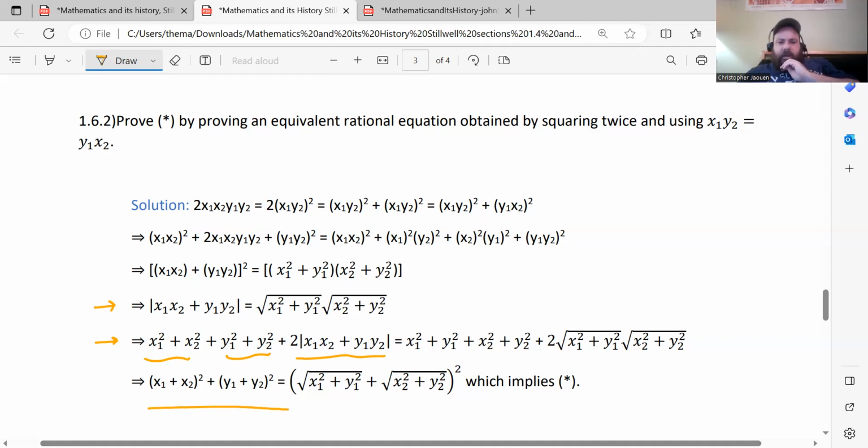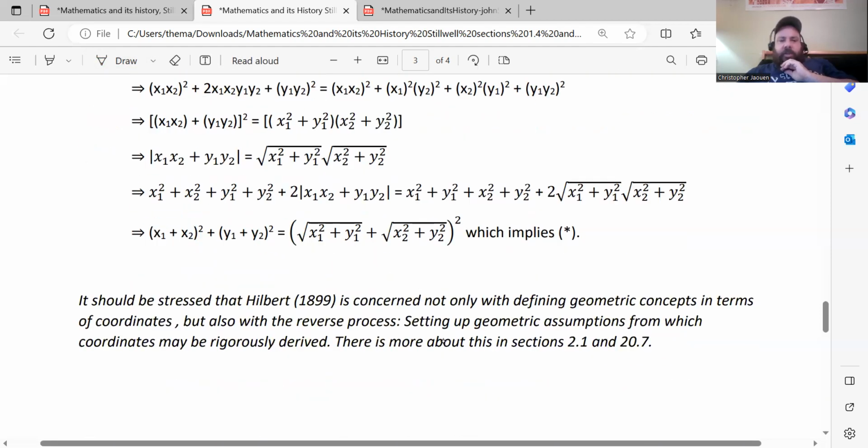And then, yeah, here, this is the square of that expression. And if you notice, if you take the square root of that expression there, then you get the relation star. Right? So that shows that that relationship is true for coordinates that satisfy this condition, which is equivalent to the points being collinear. All right, and that's the end of the exercises in chapter 1.